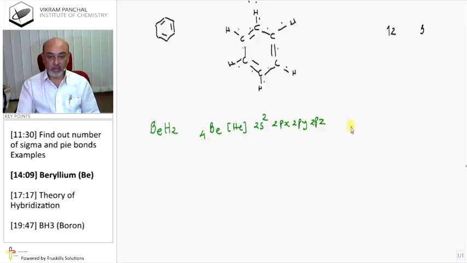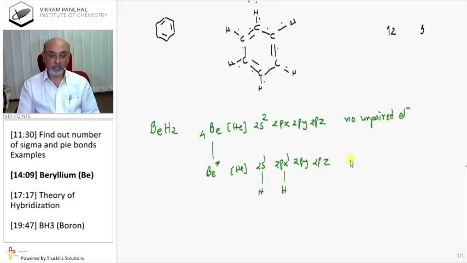There is no unpaired electron, therefore bonding capacity is 0. But in the excited state, one electron from 2s can transfer to 2px. Now it has 2 unpaired electrons. So one beryllium can join with 2 hydrogen and there are 2 bonds.